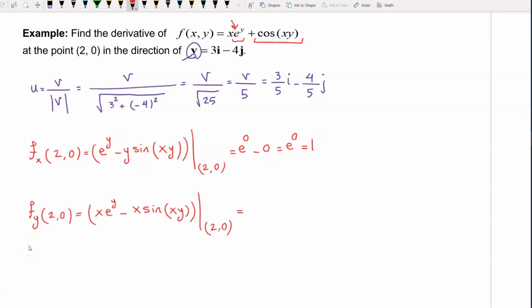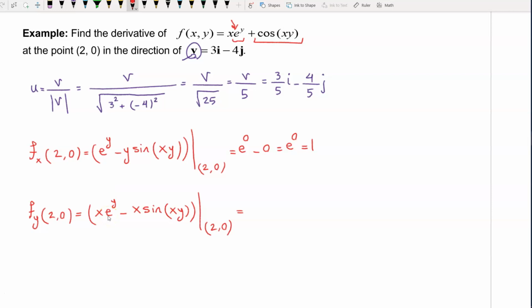Now the partial derivative with respect to y at this point (2, 0). It is x times e to the power y, so the derivative of e to the power y with respect to y is e to the power y. So we have x times e to the power y minus x times sine of xy, evaluated at the point (2, 0).